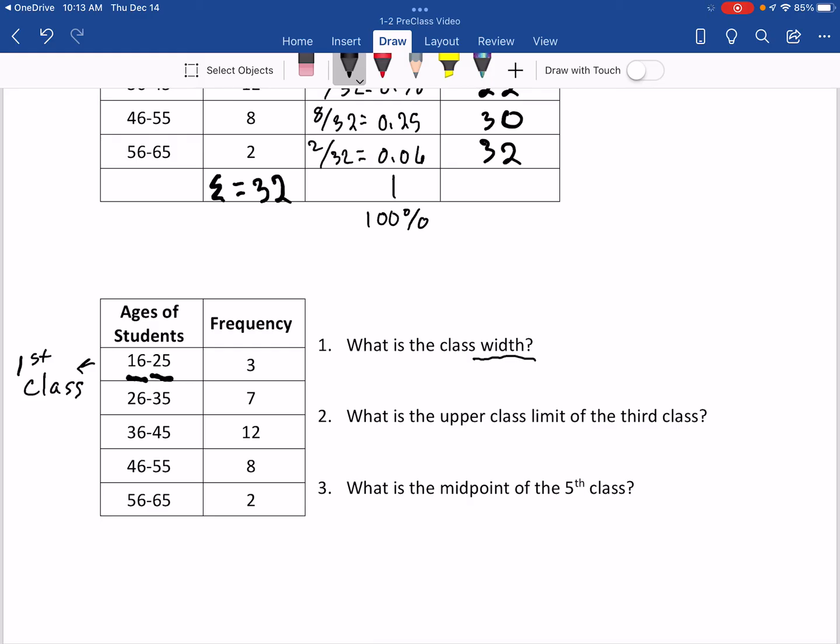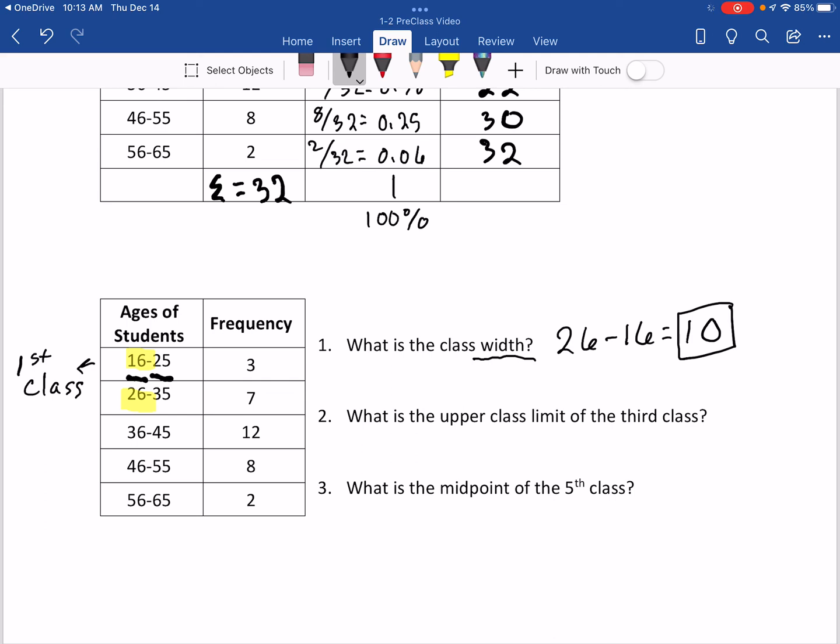Can we use a highlighter and highlight the two we're going to subtract? Sure. So 16 and 26, right? What's the difference between those two numbers? 10. So my class width is 10. So be careful. It's not the difference between the lower class limit and the upper class limit.